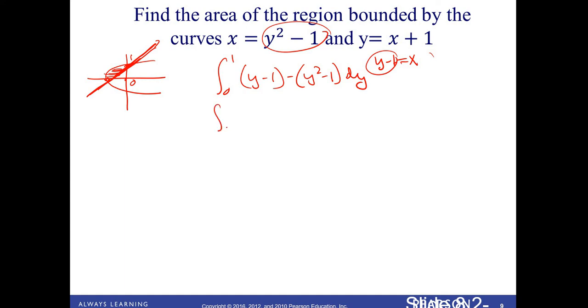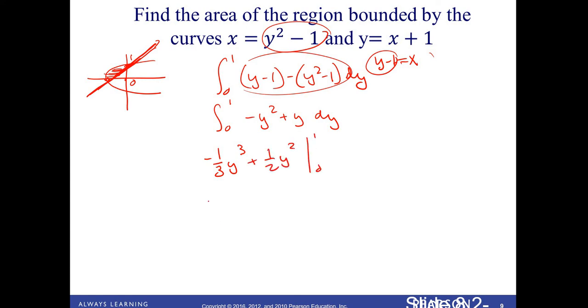So let's, again, clean up the integrand inside here. It's going to be negative y squared plus y. I've got negative 1 plus 1, that's a 0. Antiderivative, negative 1/3 y cubed plus 1/2 y squared from 0 to 1.